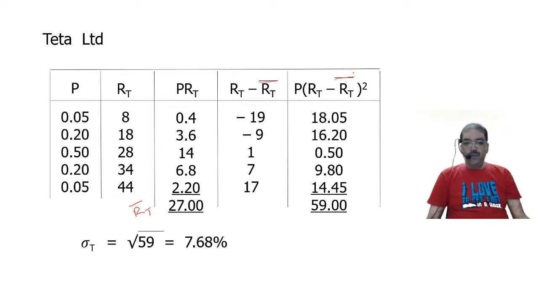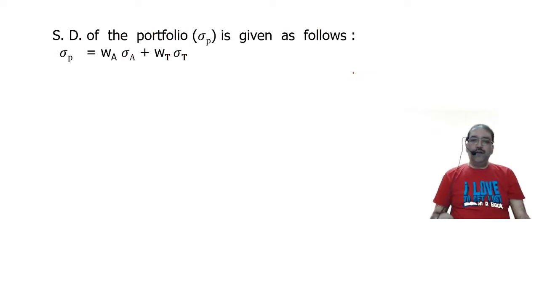So now with this I calculate standard deviation of portfolio. Simple formula, because correlation coefficient is supposed to be equal to 1. We have said that it is perfect positive correlation. So it is equal to 1. So we reduce it to this format. Weight of A into sigma of A. Weight of A 0.7.